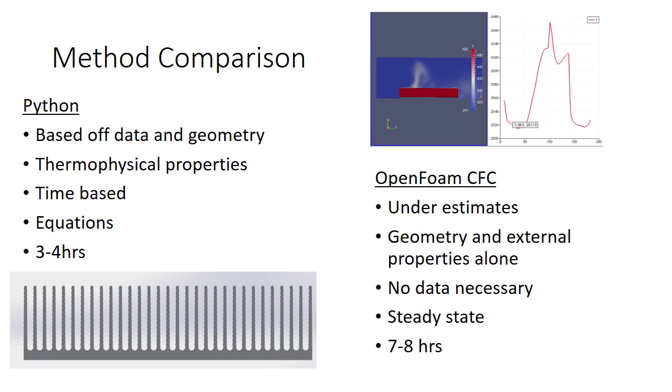The OpenFOAM CFD solution in comparison underestimated the heat transfer coefficient. However, it did not rely on experimental data, but only relied on the geometry and properties, and external properties such as velocity and power alone. The specific solution only solved for a steady state convection rate. And all in all, it took about 7 to 8 hours from start to finish to make.